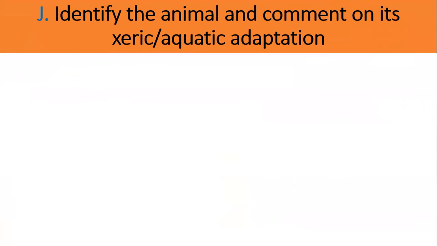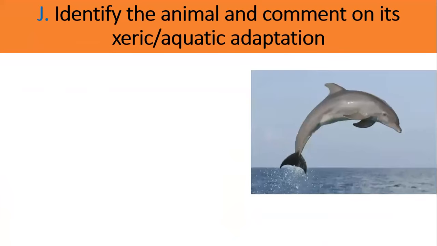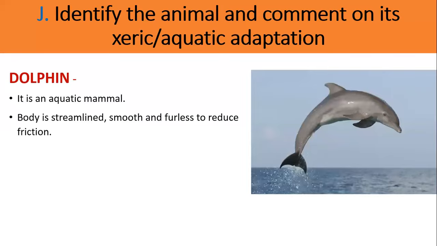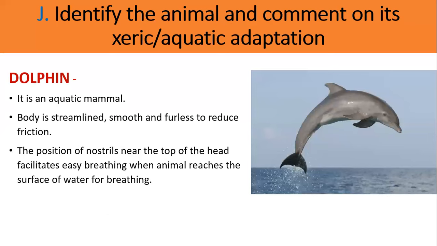The next spot that you can get on J, if not camel, kangaroo rat or rohu, you might get this. This is a well-known aquatic mammal, that is dolphin. It is an aquatic mammal, body is streamlined, smooth and furless to reduce friction. At the posterior you can see it has a caudal fin that helps in swimming.